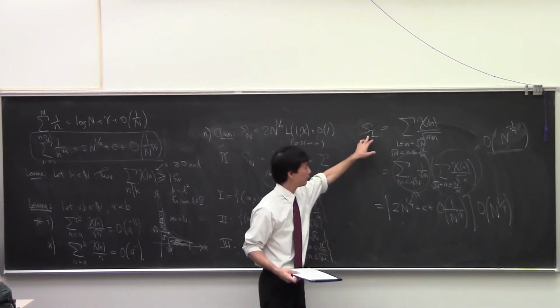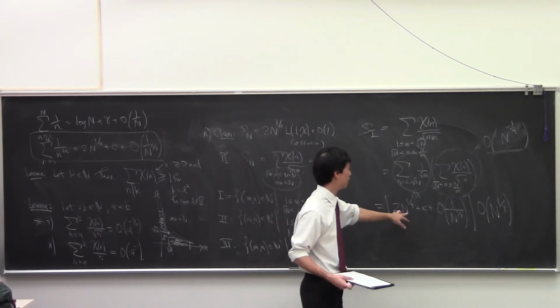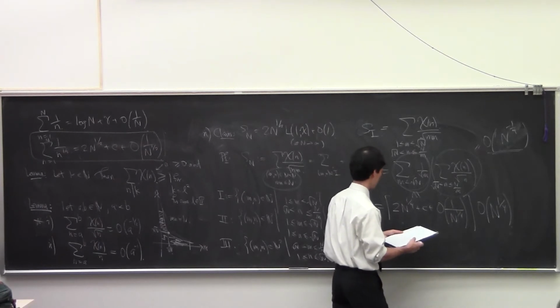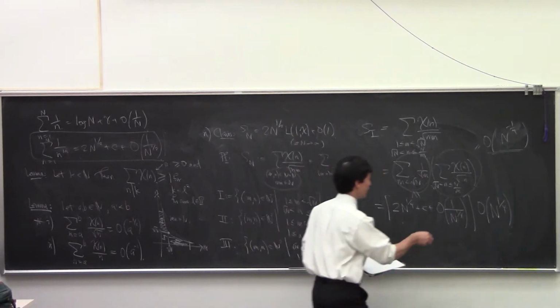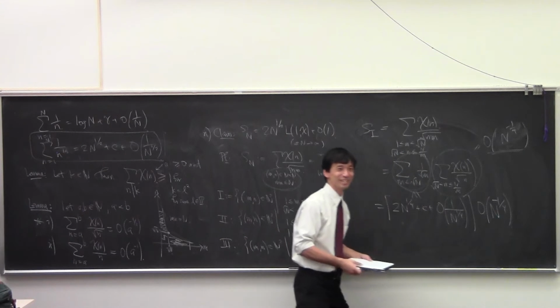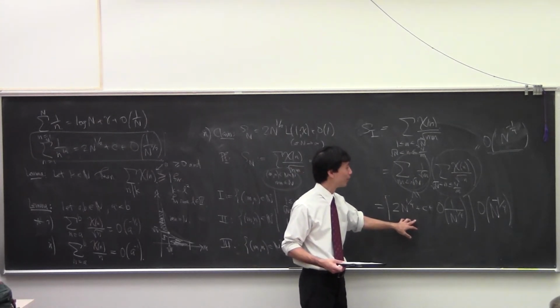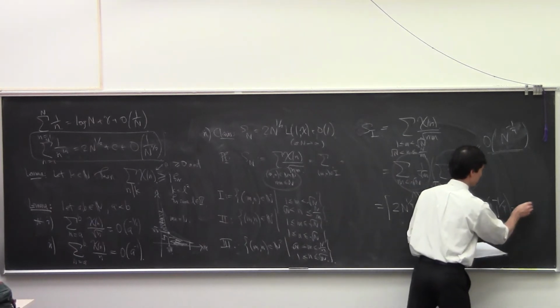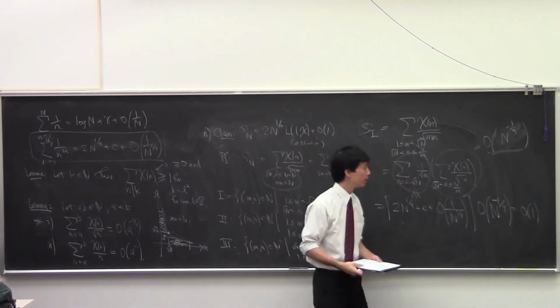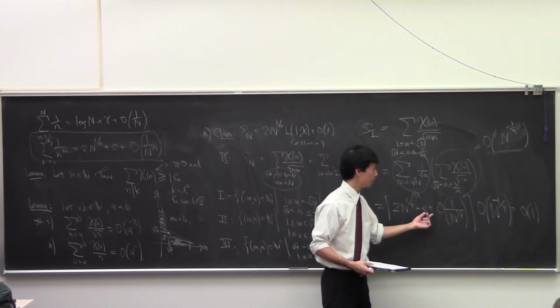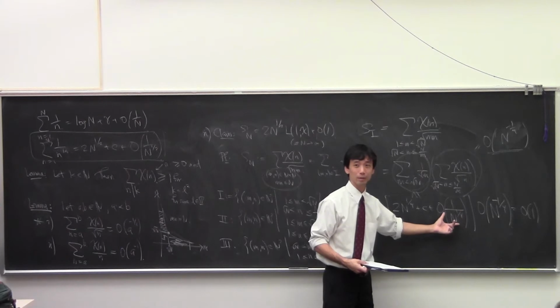Altogether, we see that S1 has this sort of control, which is on the order of a constant, because the negative fourth, the constant, and the N to the negative fourth term are even faster than that.